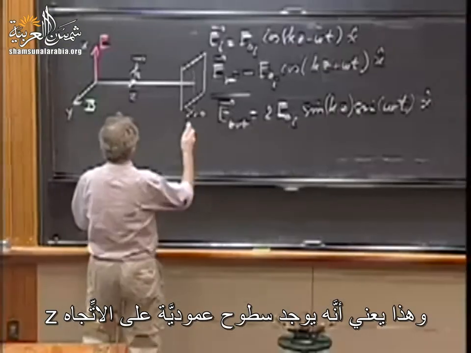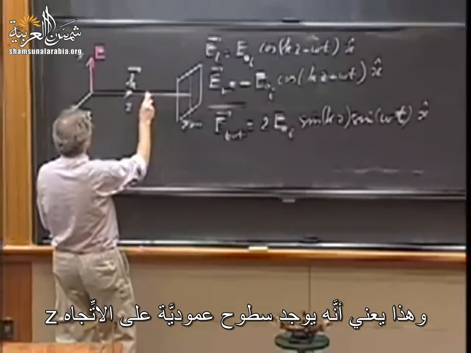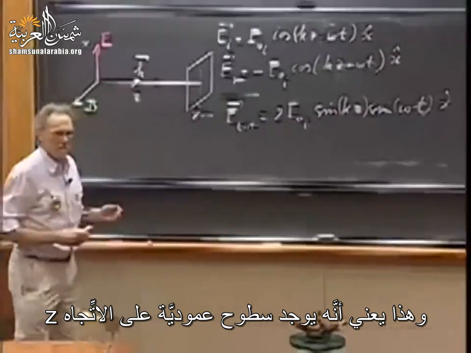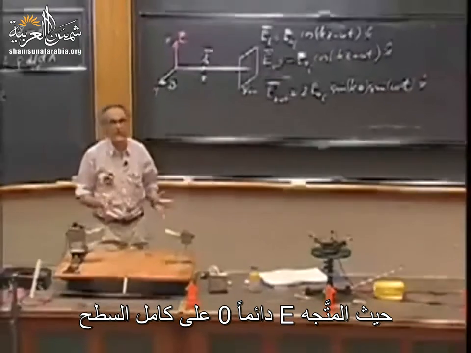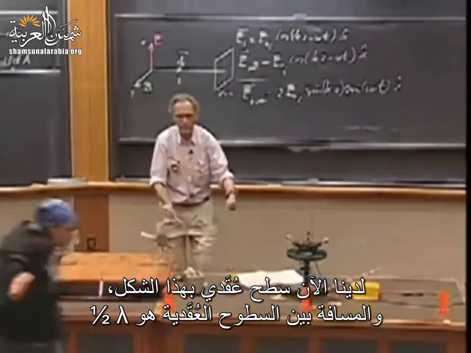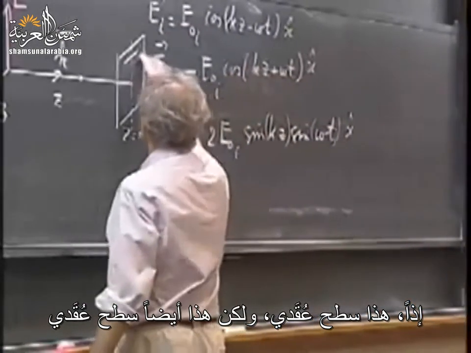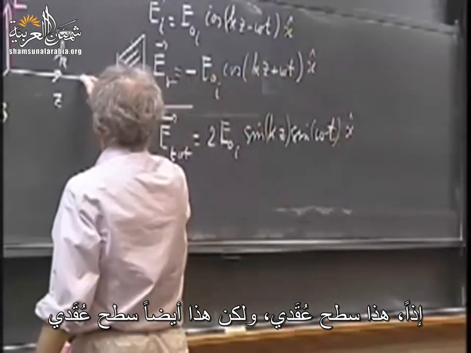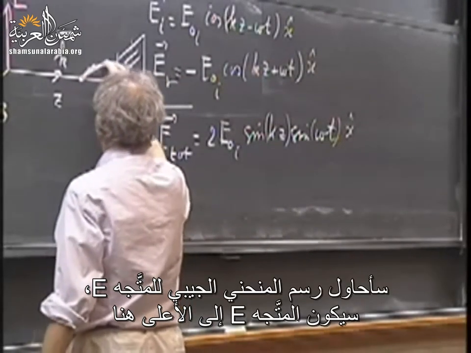And what that means is that there are surfaces perpendicular to the direction of z, where the E vector is always 0, an entire surface. We have now a nodal surface like this. And they are separated by distance 1/2 lambda. So this is a nodal surface, but this is also a nodal surface. So I'm trying to draw the curve of the E vector.